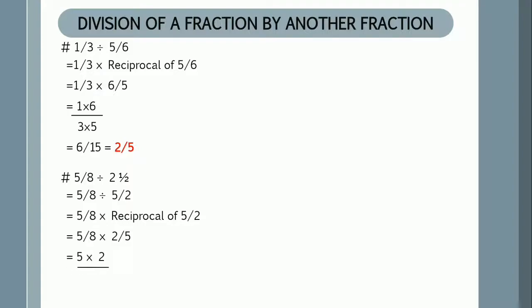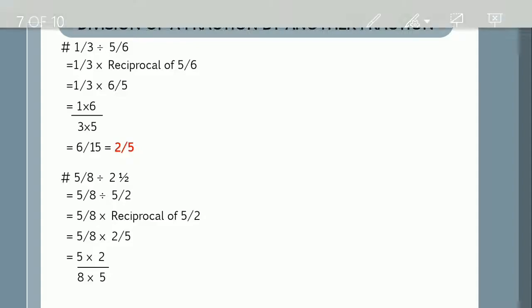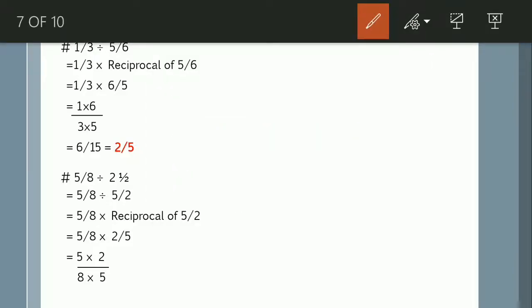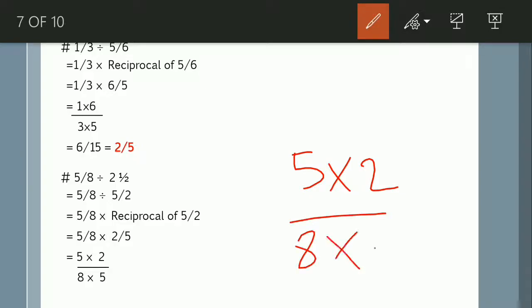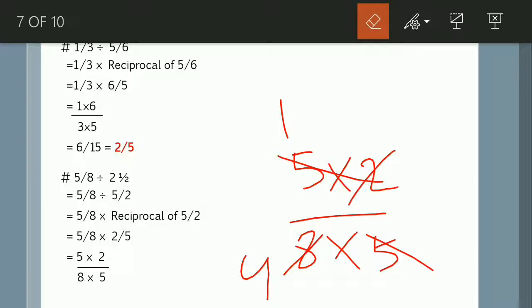Then see 5 into 2 divided by 8 into 5. Simplify it. What will happen? Here will be 4 and here will be 1. So we get 1/4.